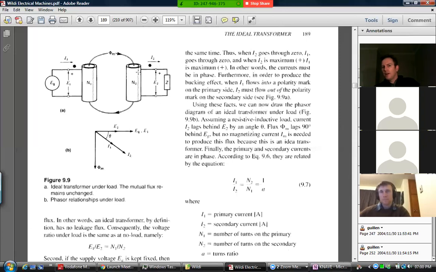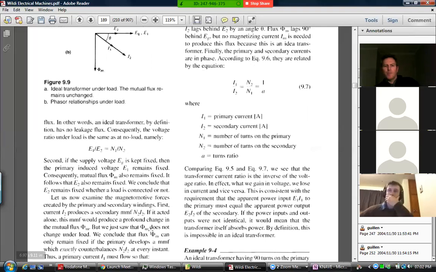And whatever current gets sucked in over here, we get this effect where as current happens in one side of the coil, it must instantaneously happen on the other side, so that the sum of the magnetic MMFs around the circuit is zero. Let's call it the bucking effect, down the bottom here somewhere.